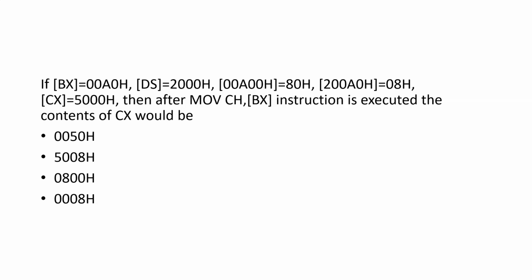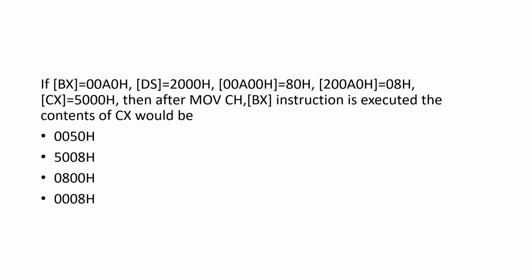Second question: BX equals 00A0, DS is 2000H, and one physical address is given in which we have the value 80H, another physical address where we have 08H, and in CX the value stored is 5000H.